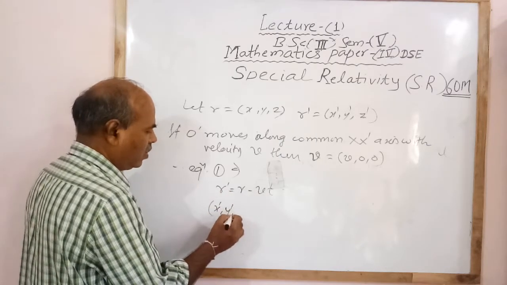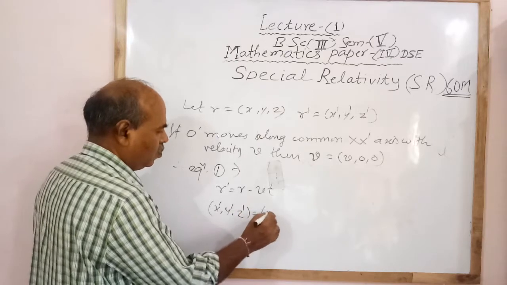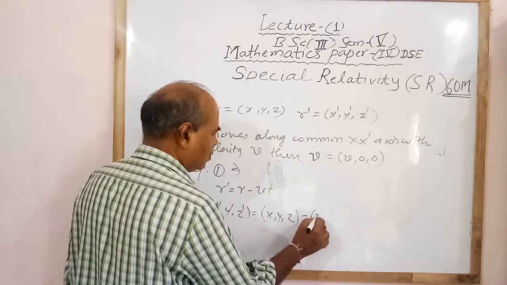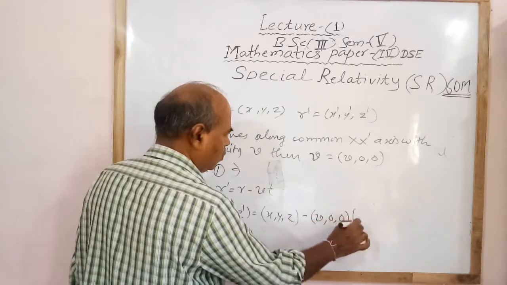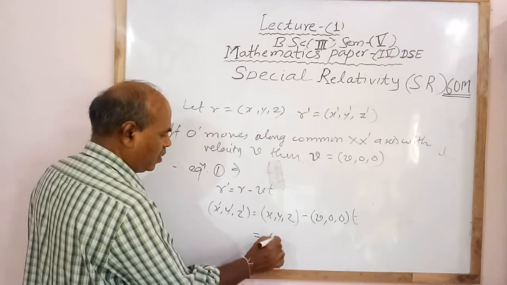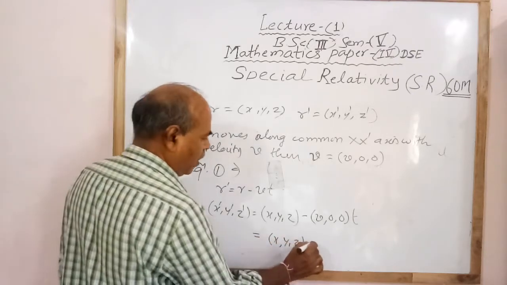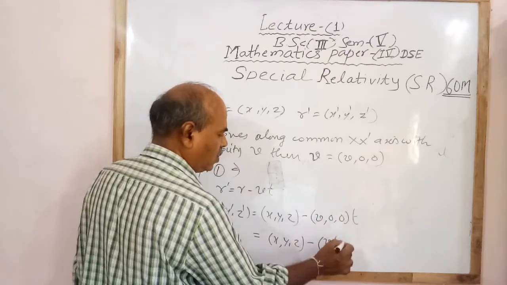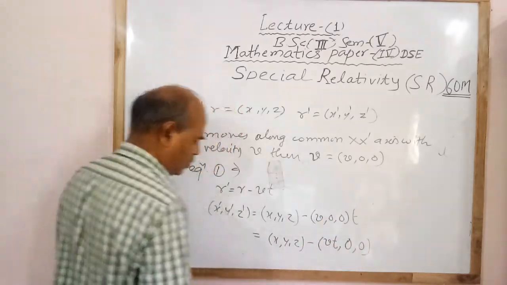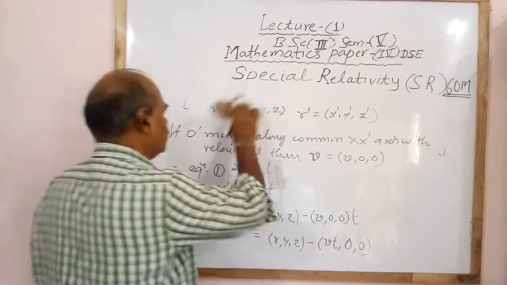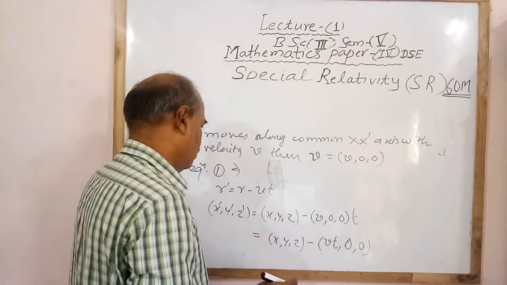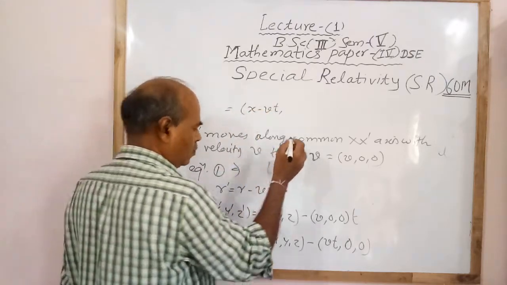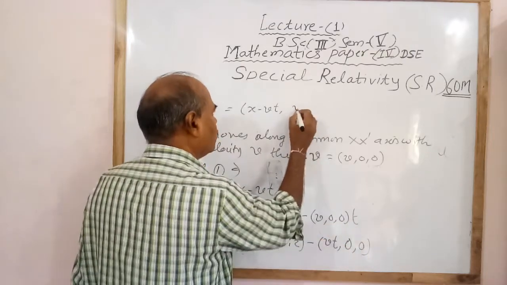Therefore, x dash, y dash, z dash equal to x, y, z minus v, 0, 0 times t. Therefore, we get x, y, z minus vt, 0, 0. Therefore, x minus vt, y minus 0, z minus 0.